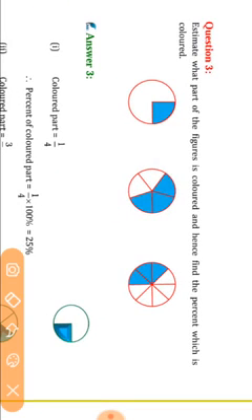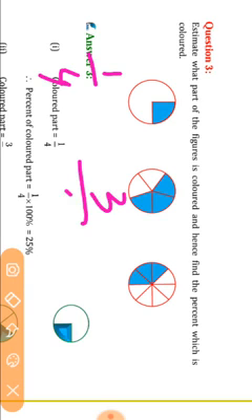Estimate what part of the figure is colored and hence find the percent which is colored. First we have to write the colored fractions. This is 1 by 4 colored, this is 3 by 5 colored, this is 3 by 8 colored. If this is the case, how will you find the percentage?